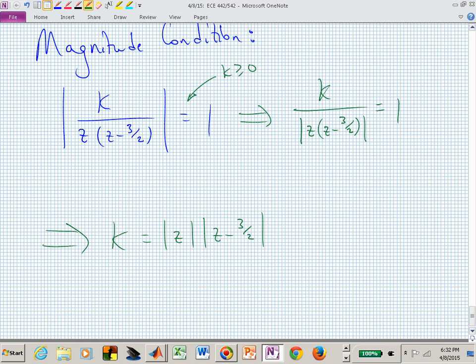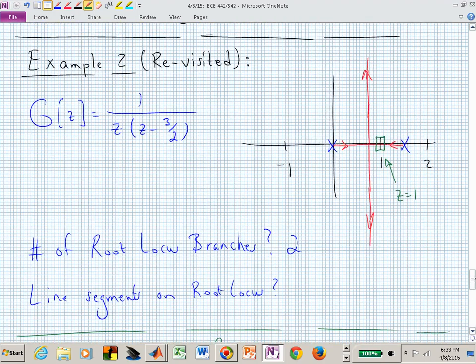The point I'm interested in for the lower limit of stability is when z is equal to 1. That's how much I have to crank up k in order to get the system to become stable, to move it inside the unit circle.